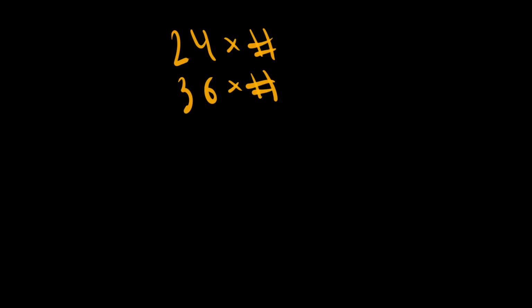Let's now compare the multiples of 24 and 36, and find out what common multiples they share. So something like 24 times a whole number and 36 times a whole number, and we should have a common multiple.